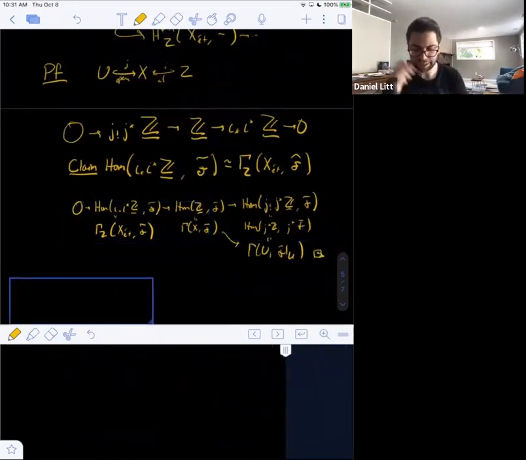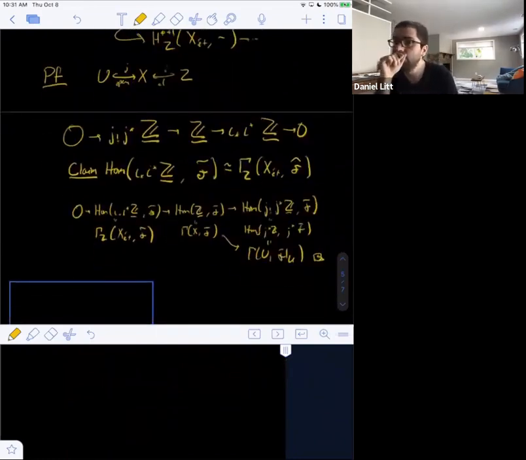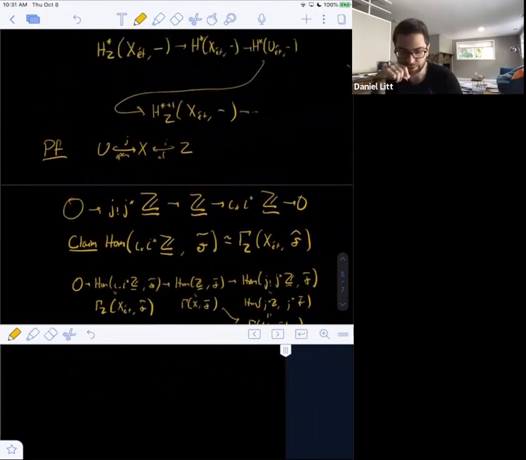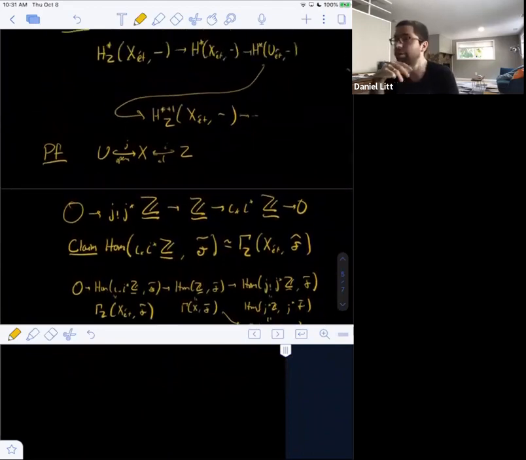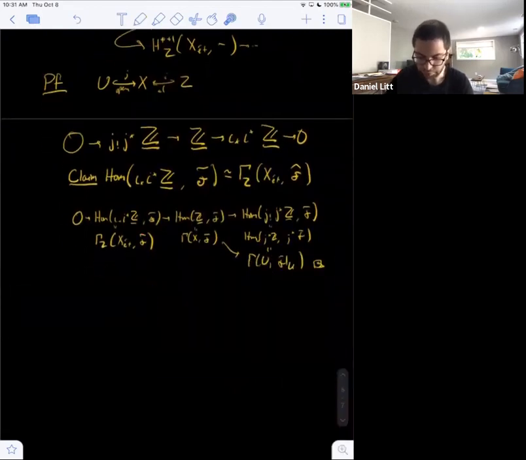So now can anyone tell me how to deduce the existence of this long exact sequence from the claim? I claim there's a simple construction of this long exact sequence. We're trying to understand the derived functors of this functor, and we've just interpreted this functor as Hom out of I lower star, I upper star, Z. Is there another name for the derived functors?